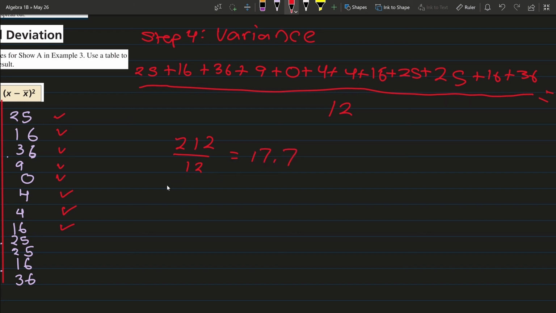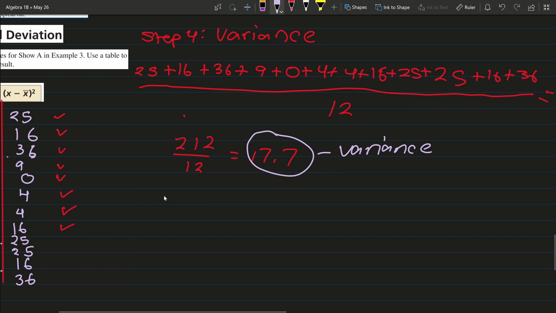And now what we're going to do is we're going to find the square root of the variance. Remember, this is our variance. It's not our final answer yet. So we need to find the square root of it. So let's go ahead and do that. The root of 17.7 is equal to approximately 4.2.